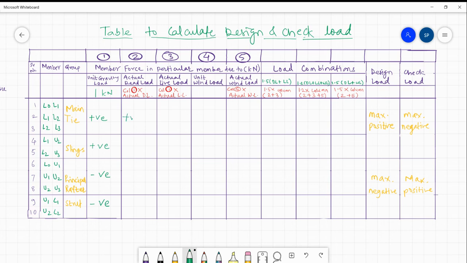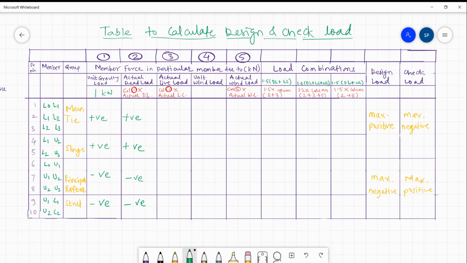Again this value will be positive, this will be positive, this will be negative, and this will be negative as well. Mind well, this column number 2 you will get after multiplying column number 1 values with the actual dead load. Now what is actual dead load?